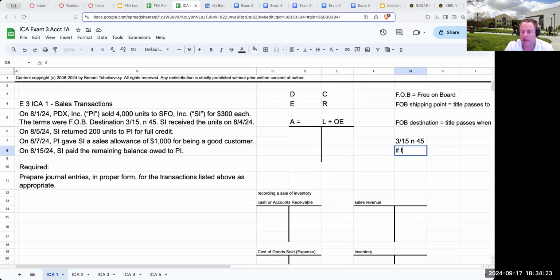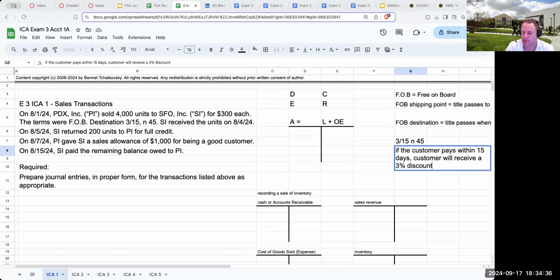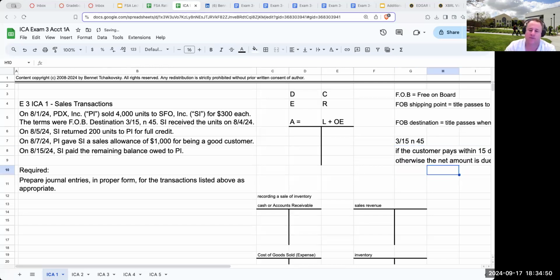If the customer pays within 15 days, the customer will receive a 3% discount. Otherwise, the net amount is due in 45 days. That's what that terminology means.